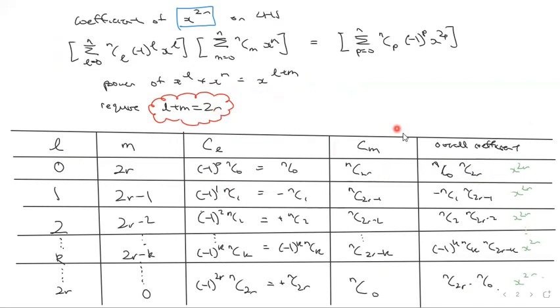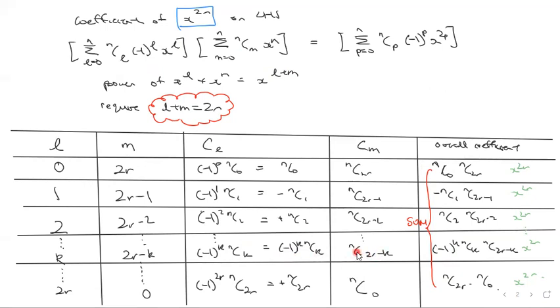So when we actually want the total coefficient of x to the 2r with all of these, we then need to collect like terms. So we then need to sum these up. If you try to write this in sigma form, you're basically just taking all of these times all of those.